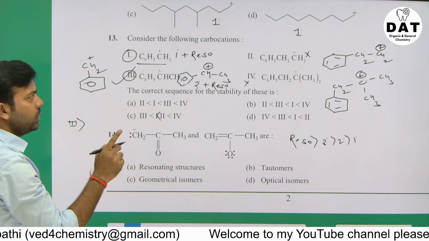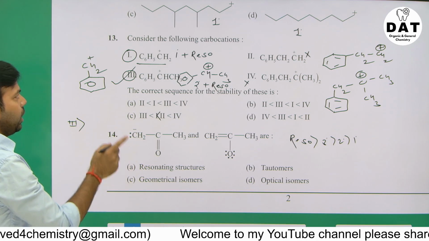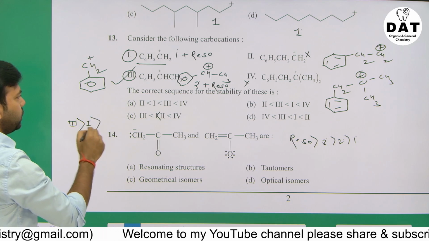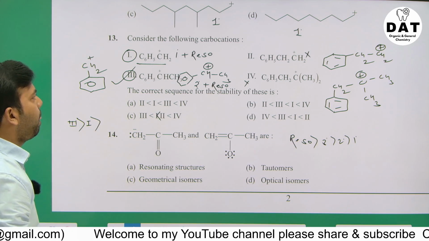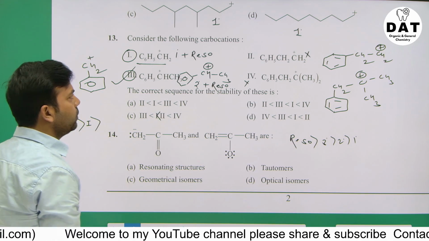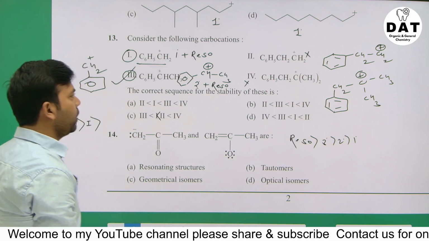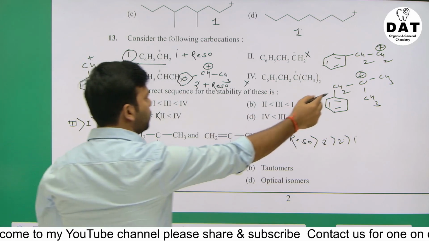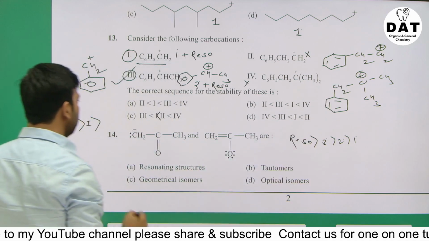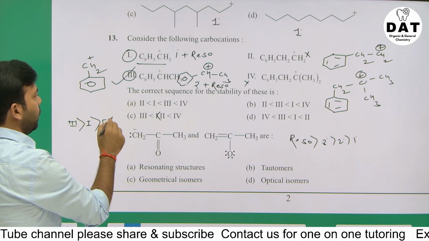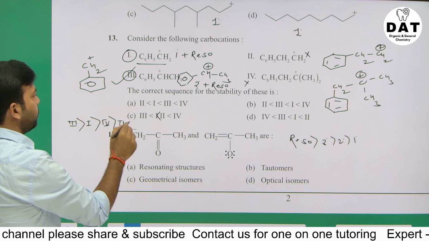Why? Because resonance and secondary. And after that we have the resonance on the first one, third, first. And then we have the fourth one. Why? Because this is a tertiary carbocation. So you can see this is tertiary and this is primary. So third, first, then fourth, and in the last, second.